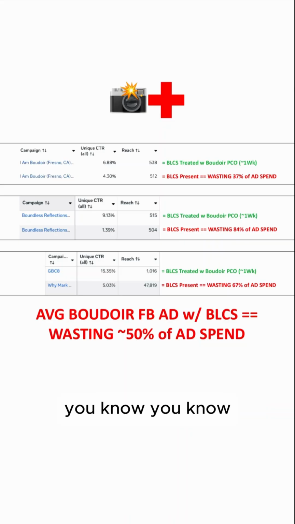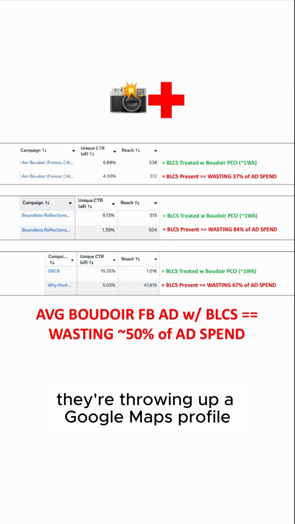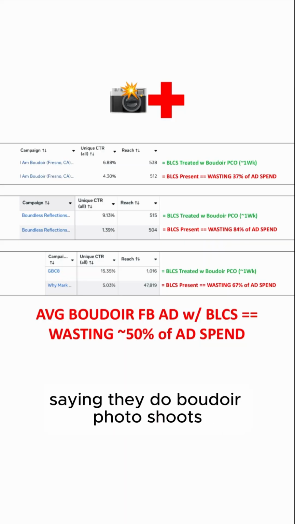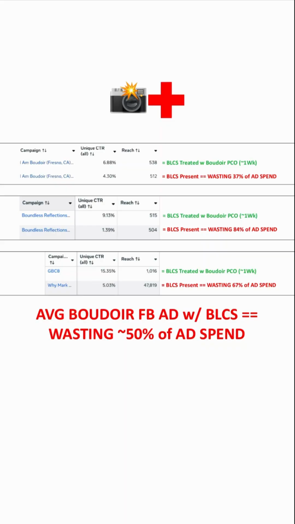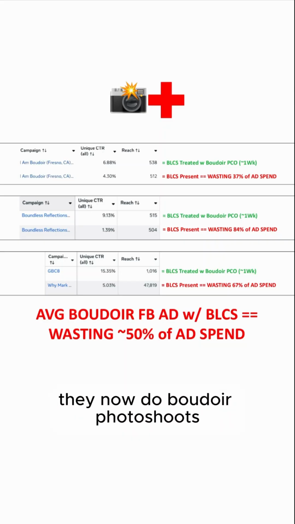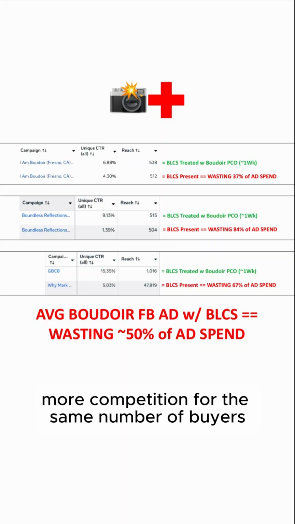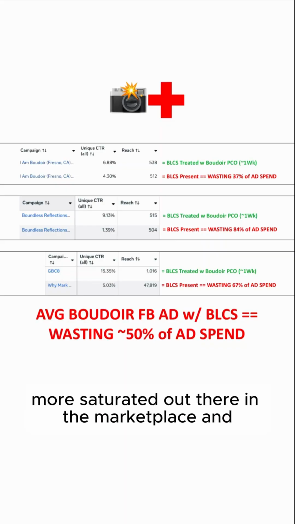Someone gets a new iPhone, all of a sudden they're throwing up a Google Maps profile saying they do boudoir photo shoots, or they get a new camera and then they're posting in the mom groups that they now do boudoir photo shoots. So it's basically more competition for the same number of buyers, and it's getting more competitive, more saturated out there in the marketplace.